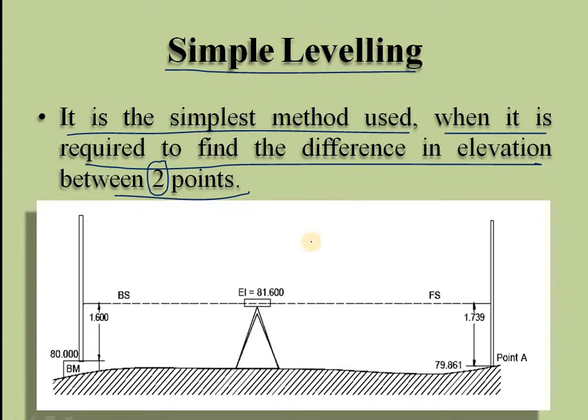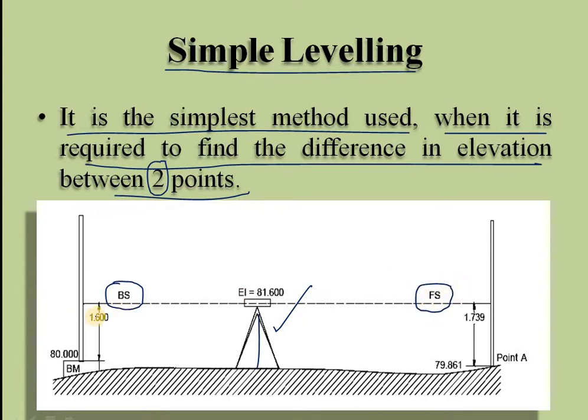You can see the diagram here. This is our instrument and these are the tripod legs. One staff is located at the back, known as BS, backsight, and the other staff, located on the right, is FS, foresight.